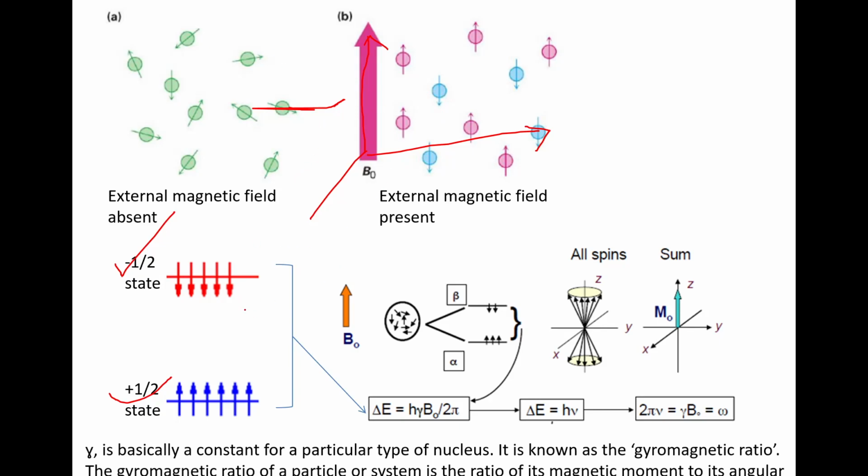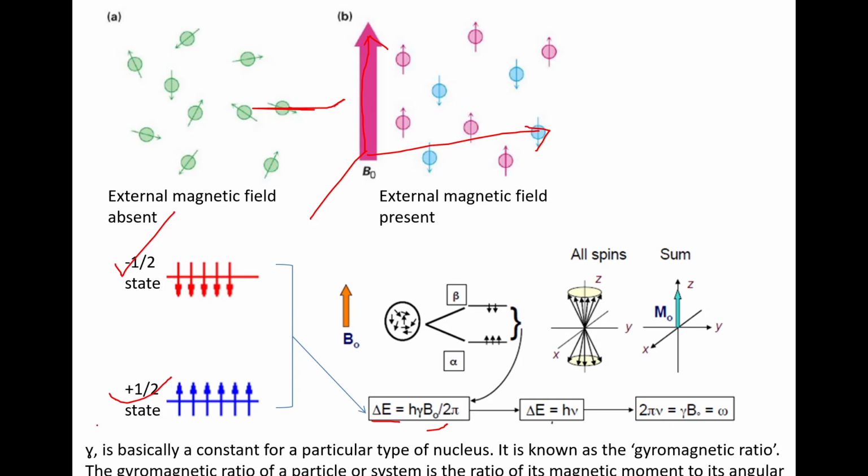Now what has been observed is that, because of these different spin states which occur because of the external magnetic field, there is an energy difference between these two states, that is this blue color and this red color. That is, the plus half state and minus half state have a particular energy difference. This energy is written as delta E, and it is dependent on the external magnetic field and the gyromagnetic ratio of that particular atom, or I would say that particular nucleus.